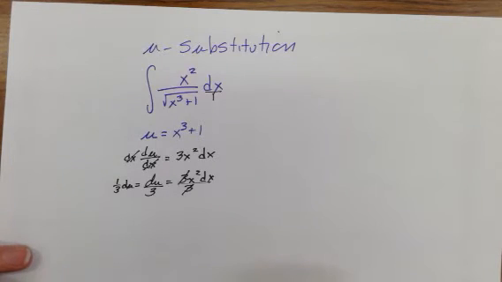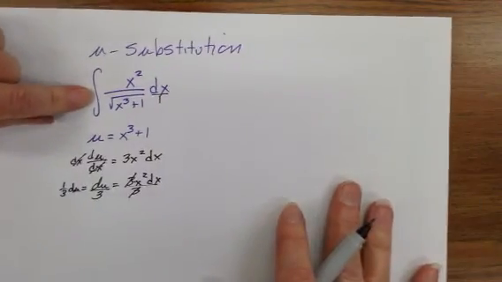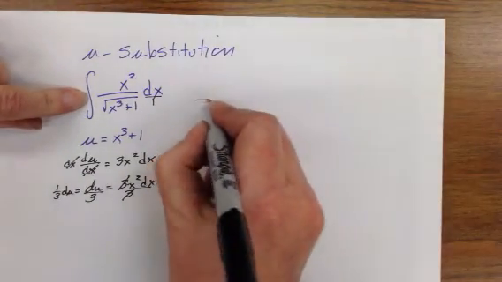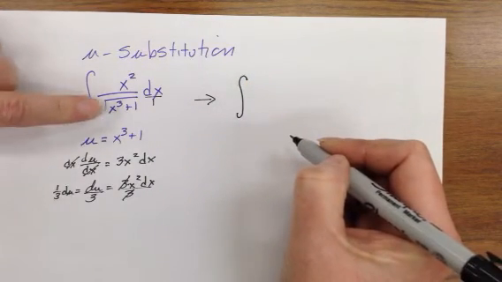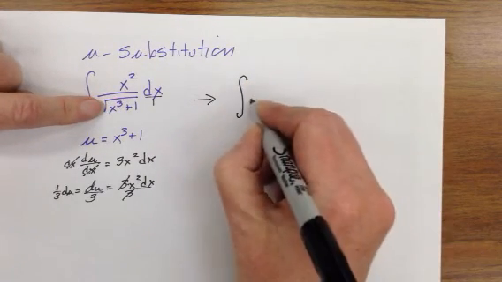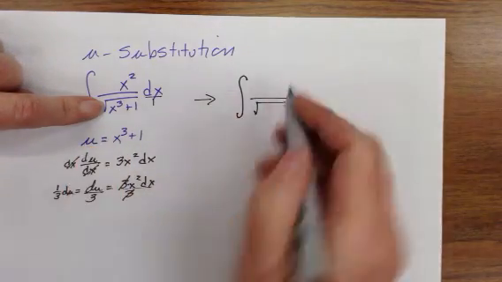Alrighty, now it is time to take all the x's out of the problem and replace them with all the u's. Ready? Go! This integration problem will turn into the integral of, down here, we have the square root of u.